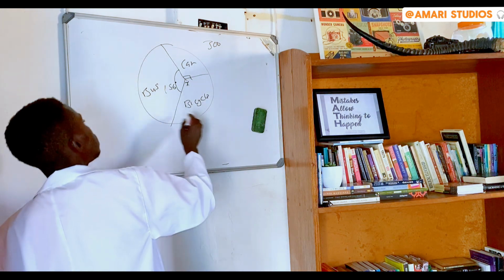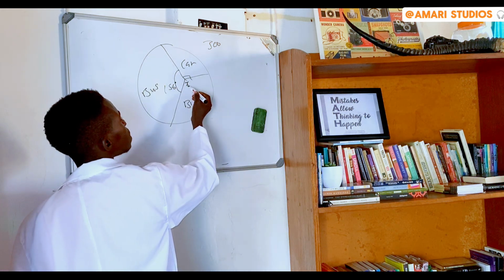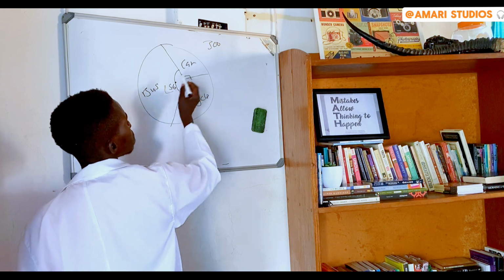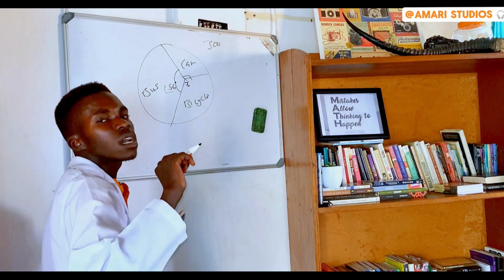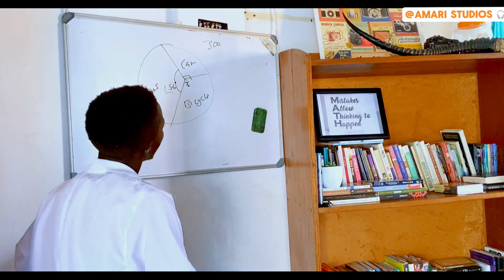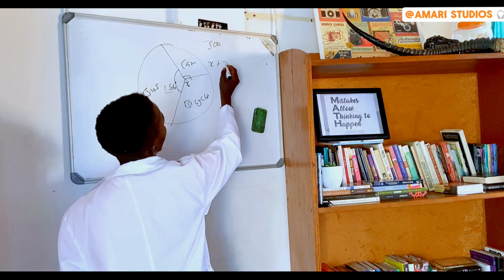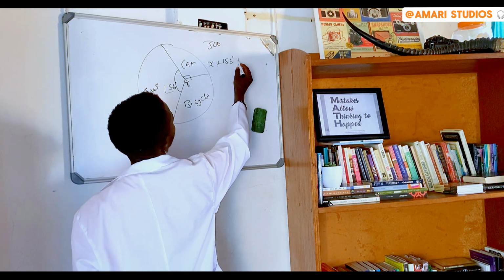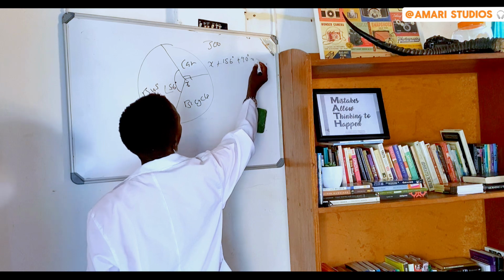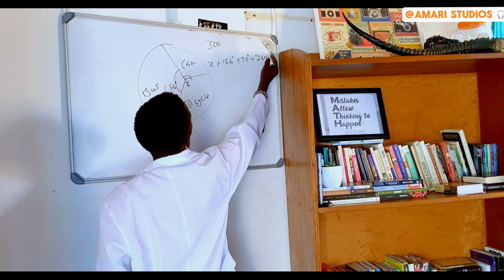Now, this is a complete revolution. So it means that if you add this angle and 156 and 90, you're supposed to get 360 degrees. So what we are going to do is add X plus 156 degrees plus 90 degrees, which is equal to 360 degrees.